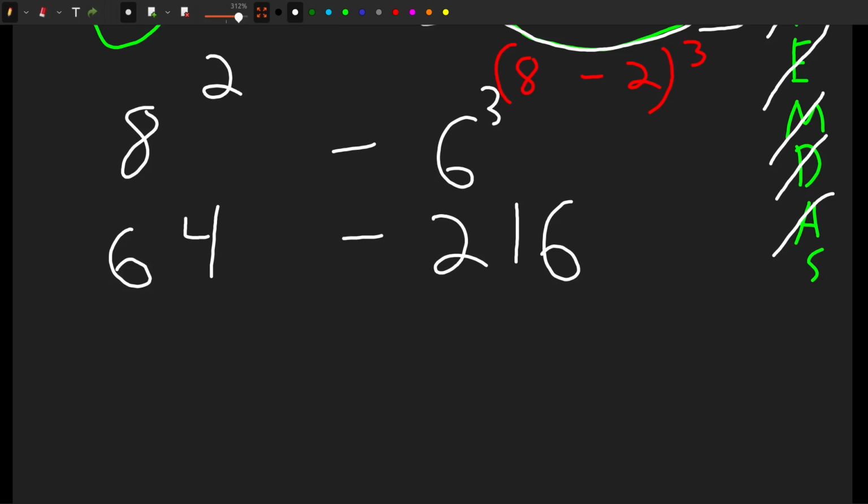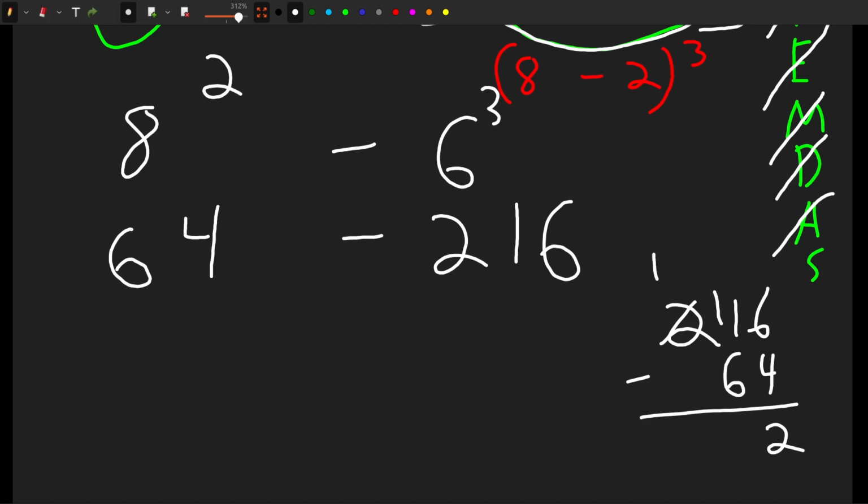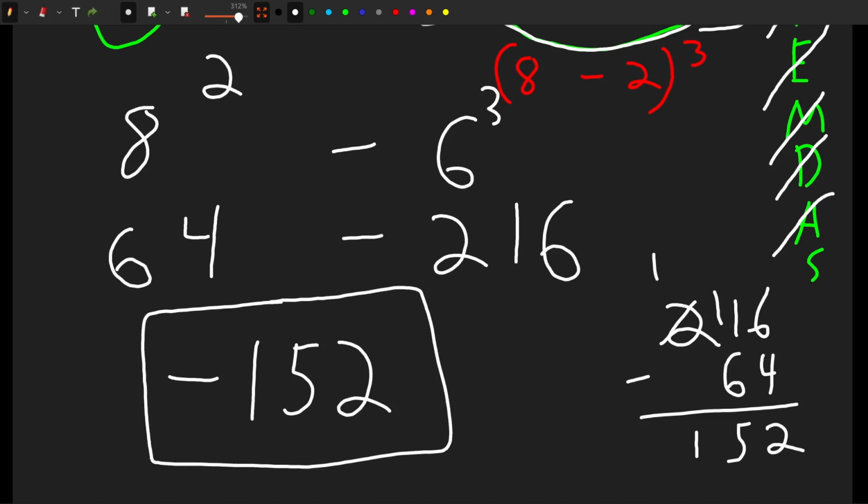It will come out to be a negative number, so 216 minus 64. We're going to get 6 minus 4 is 2. Carry the 1, we get 11. 11 minus 6 is 5. Bring the 1 down. We are going to end up with negative 152, since there are more negatives than positives.